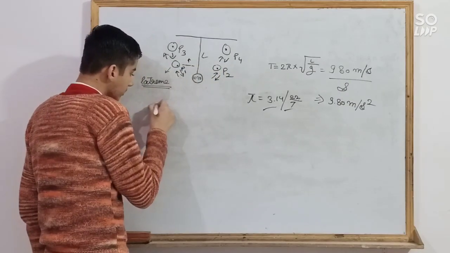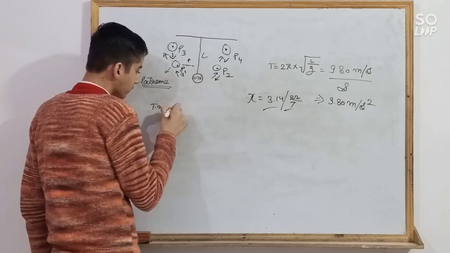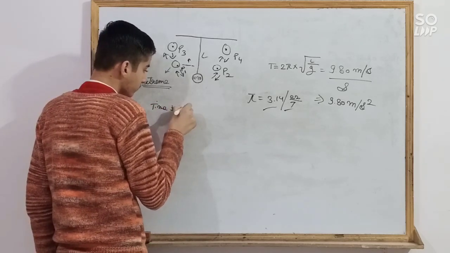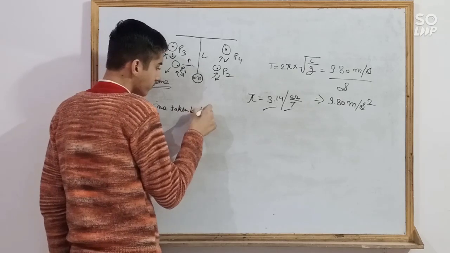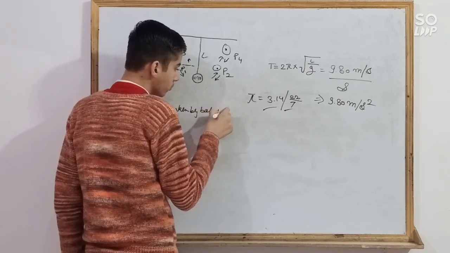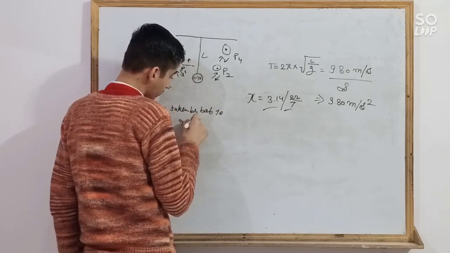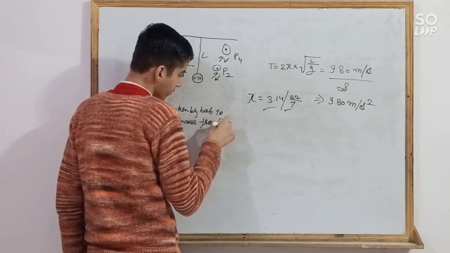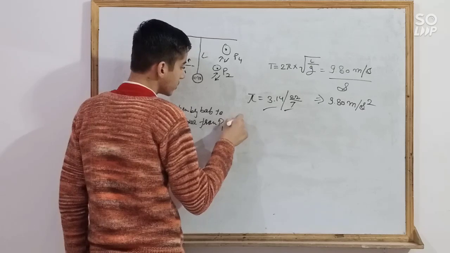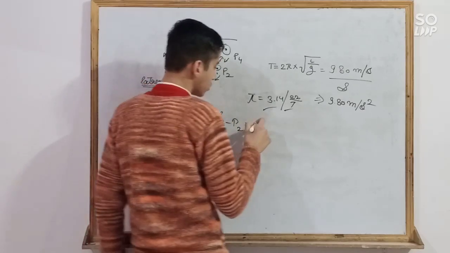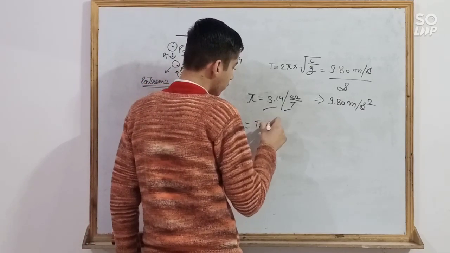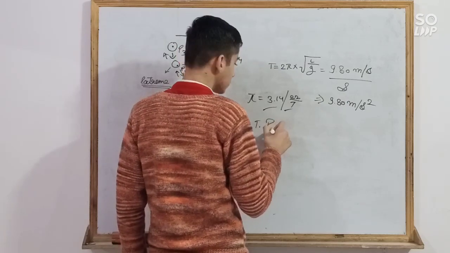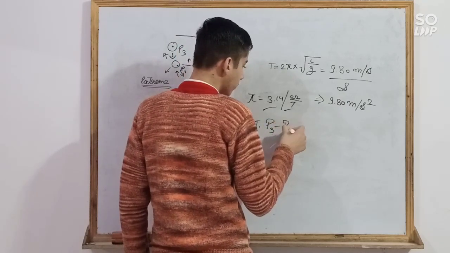You can write it like: time taken by the bob to move from position 1 to position 2 is equal to the time taken for the bob to move from position 3 to position 4.